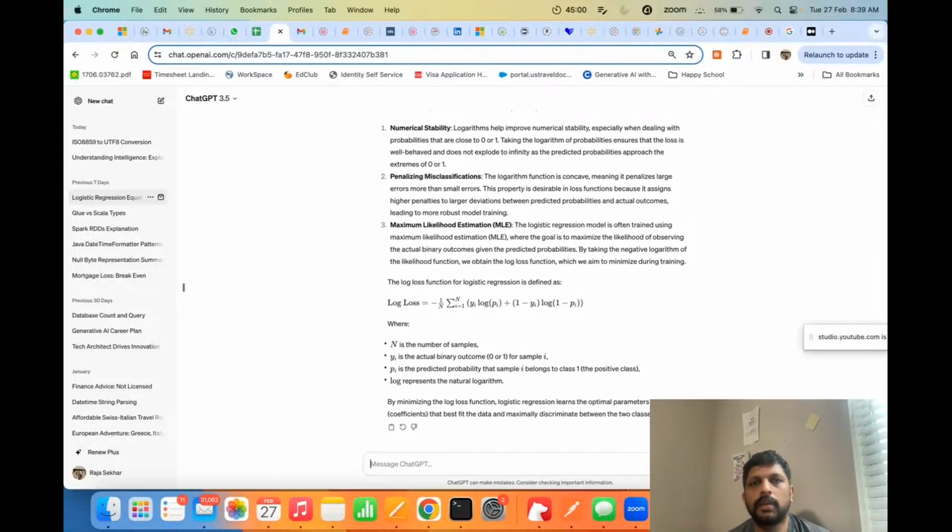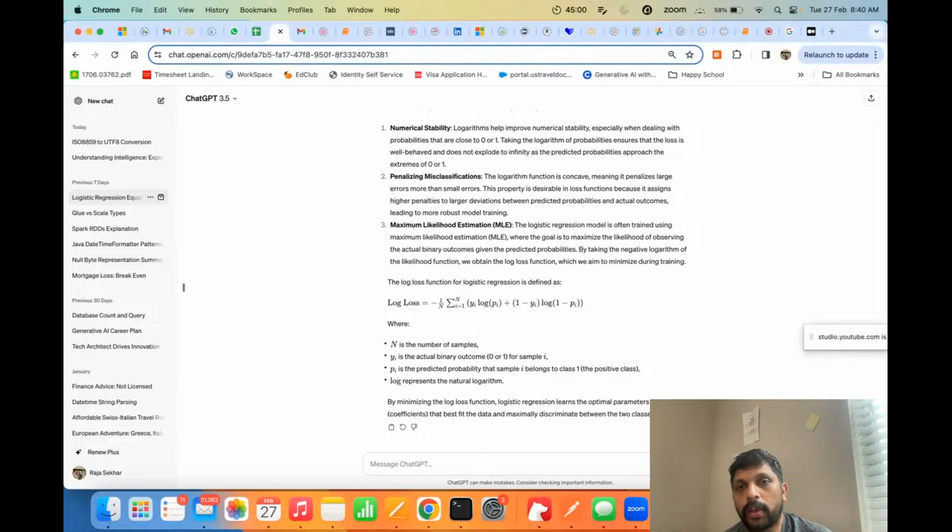Numerical stability, penalization of misclassification, maximum likelihood estimation, MLE. Like mean square error, it says maximum likelihood estimation.